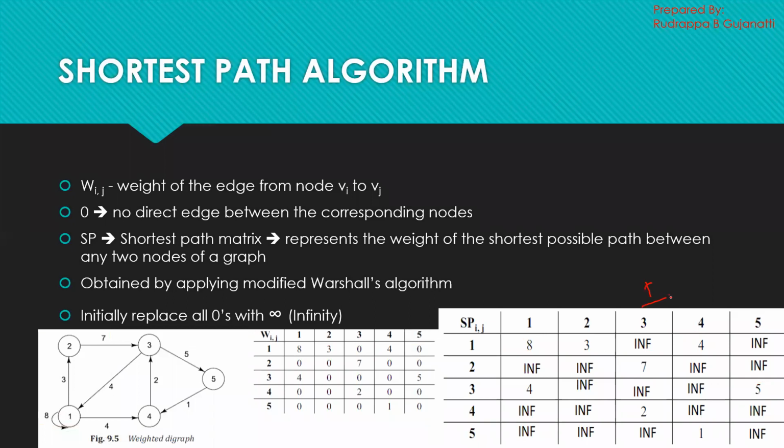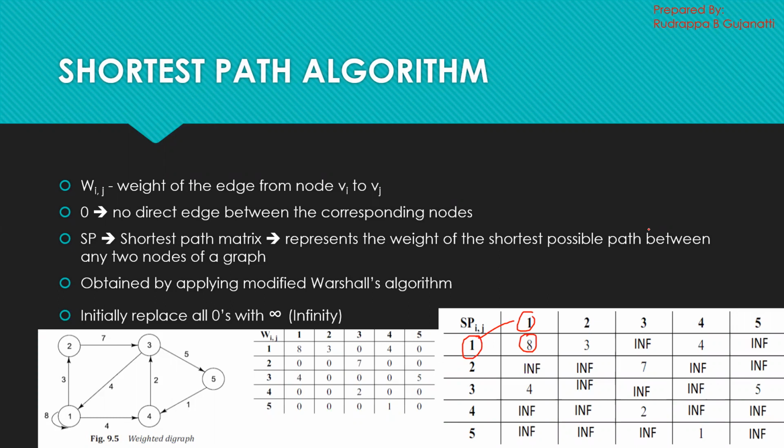So this is the initial update. Once this is done, I have to check whether I'll be able to reach any of the nodes, say from 1 to 1, at a still lower cost than this.